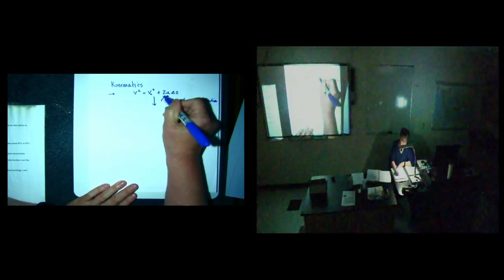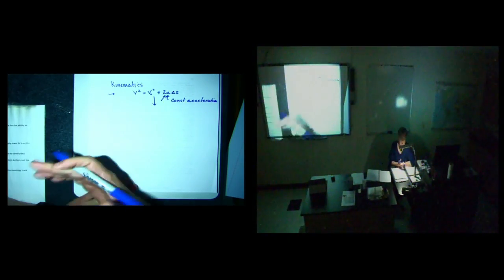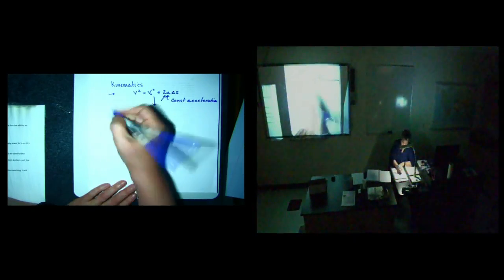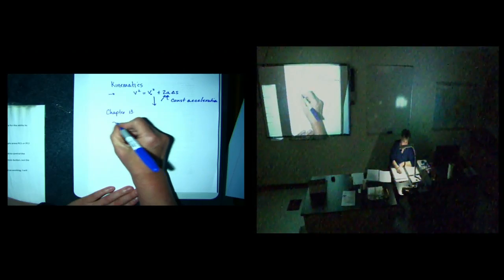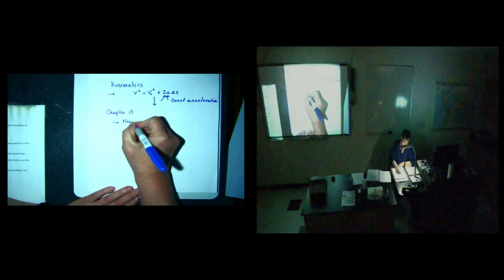So what's happening in chapter 13, just like we did in our engineering physics, is we started looking at Newton's laws. And the things that we did in Newton's laws were fairly straightforward. For every action there's an equal but opposite reaction. An object in motion remains in motion unless acted upon by another force.